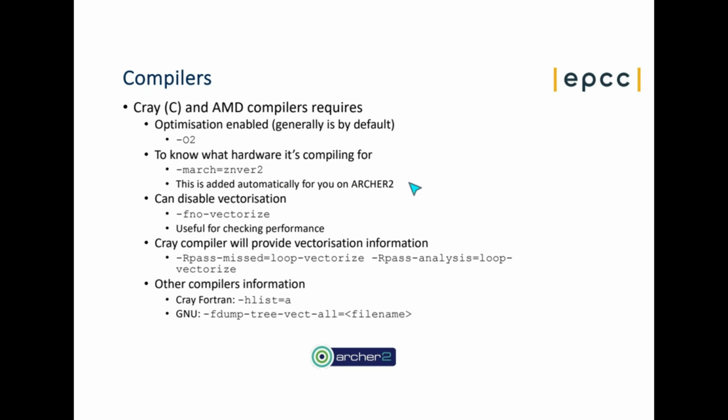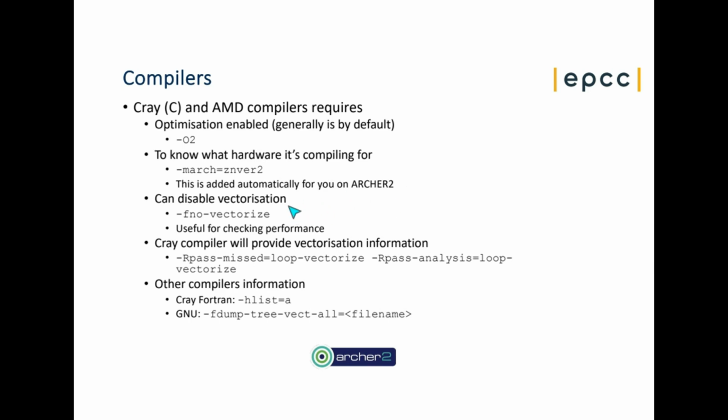If login nodes and compute nodes do not have the same chip architecture, then there are cases where you might need to specify march specifically for the target architecture on the compute nodes. It's not the case on ARCHER2. The login node chips and the compute node chips are the same, and the compiler picks the right version for you.